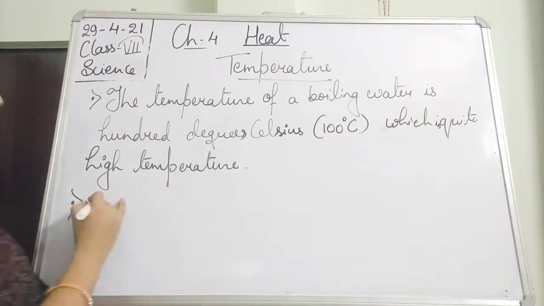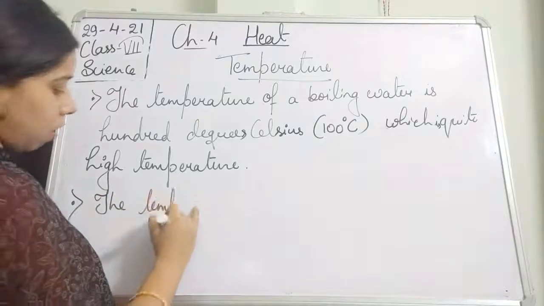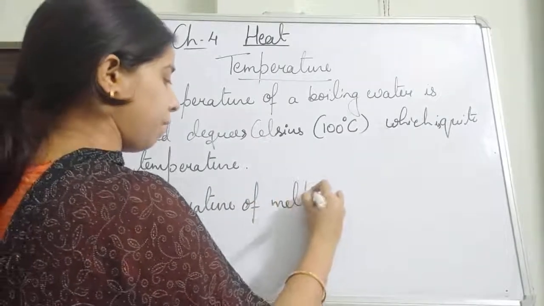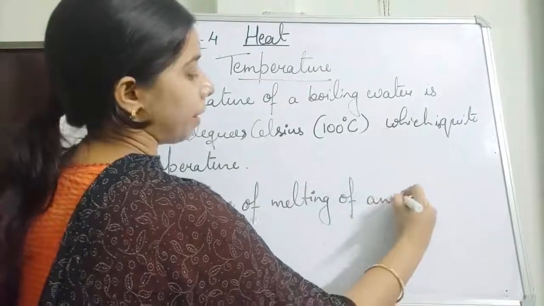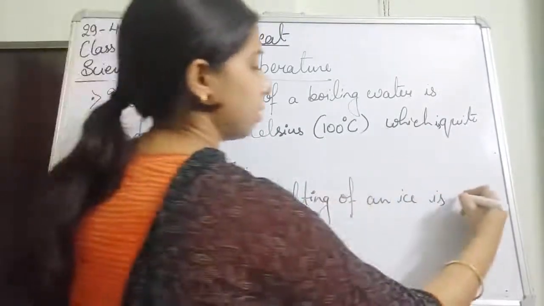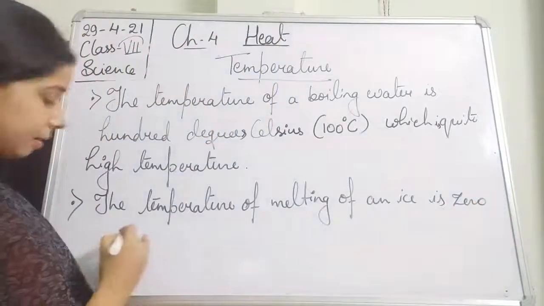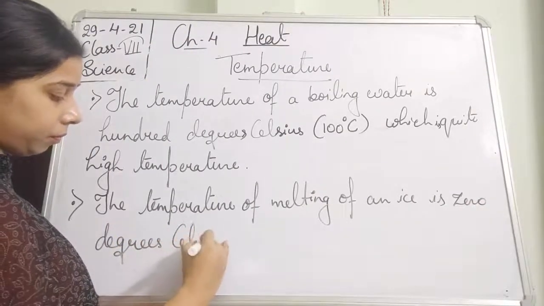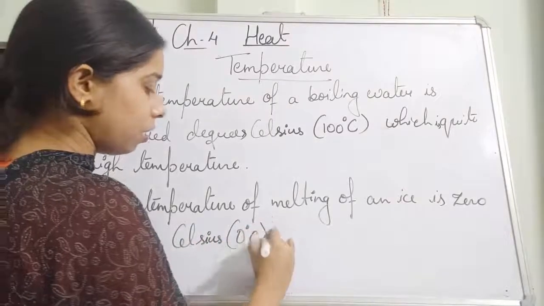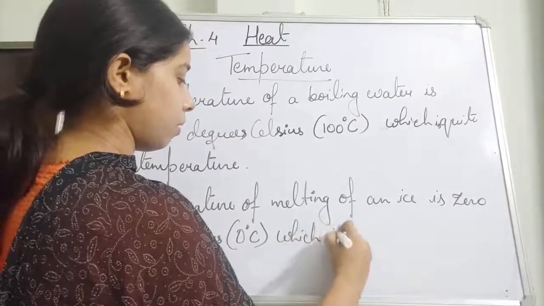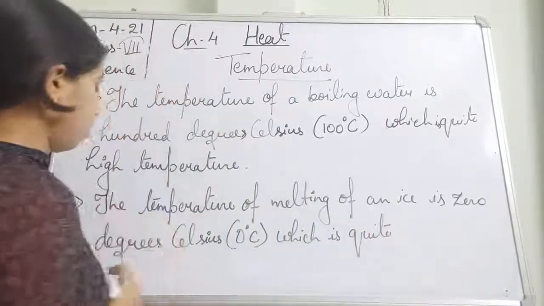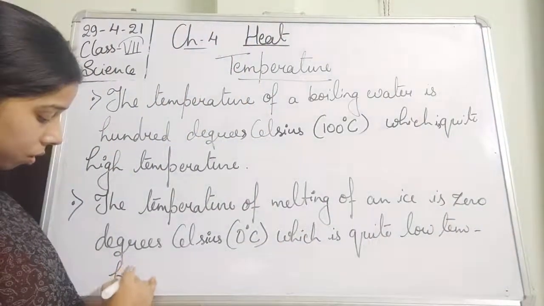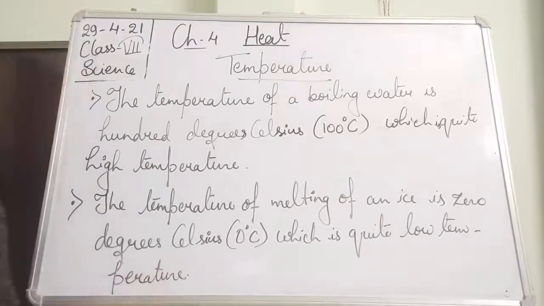The temperature of melting ice is 0 degrees Celsius, represented by 0 degree, which is quite a low temperature.